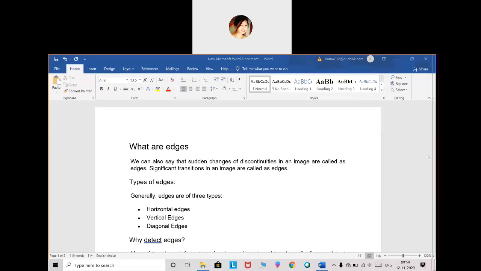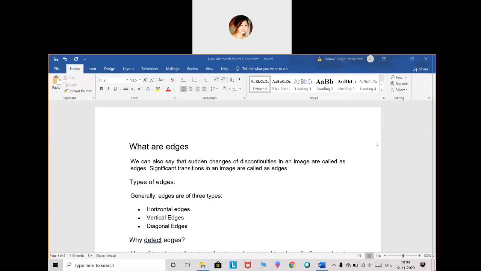Okay, so I was asking what are edges in an image. What do you understand by edge in an image? Yes, it's a boundary, right. When we are talking about edges in image segmentation, we can say these are sudden changes or discontinuities in the image.